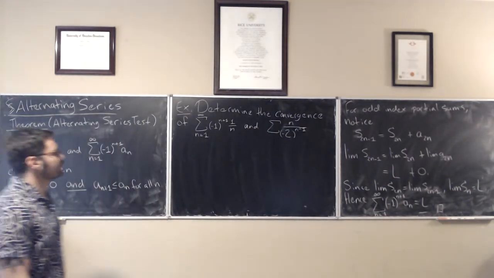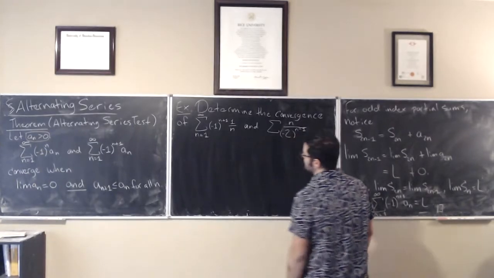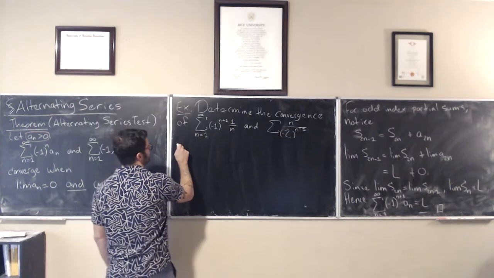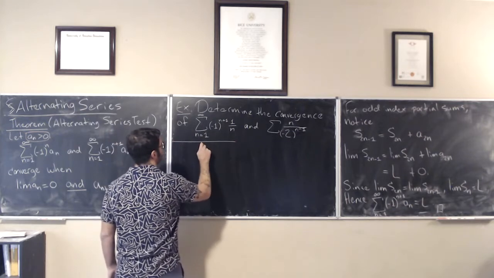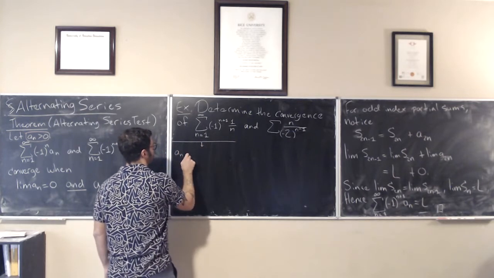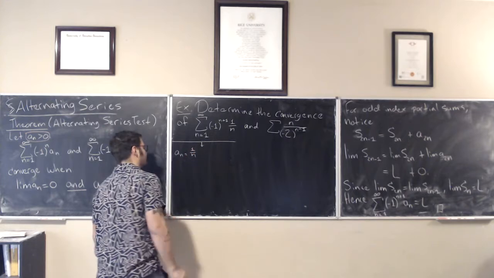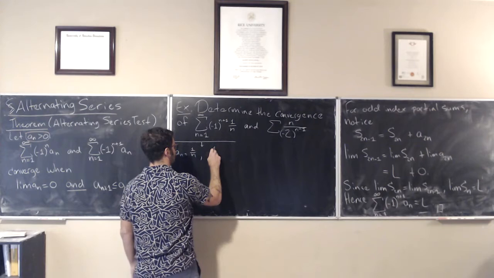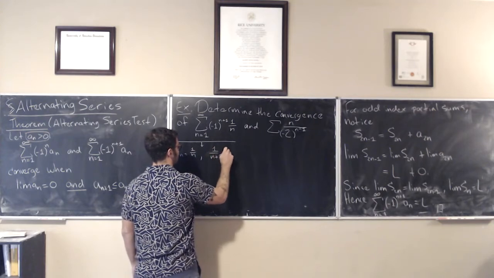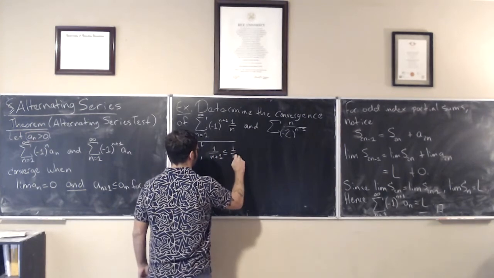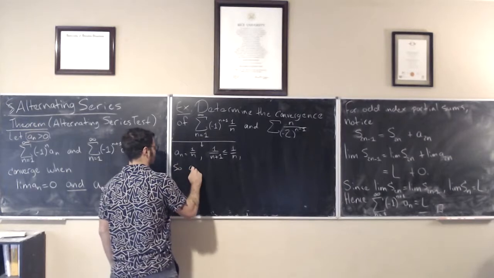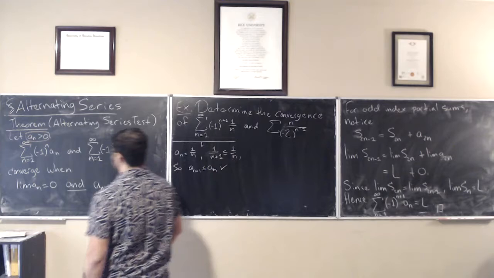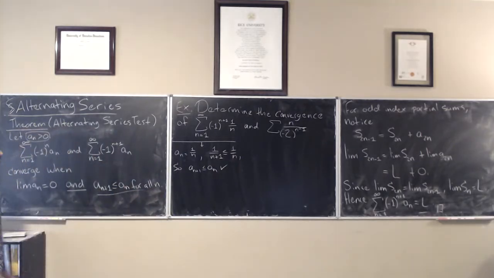All right, so for the first one, this one is trivial. So the first one here, we choose a_n to be 1 over n. Clearly, 1 over n plus 1 is less than or equal to 1 over n. So a sub n plus 1 is at most a sub n. So it satisfies that piece right there.